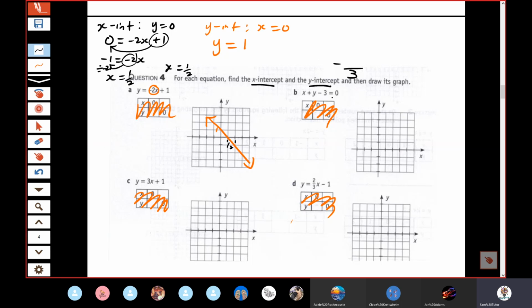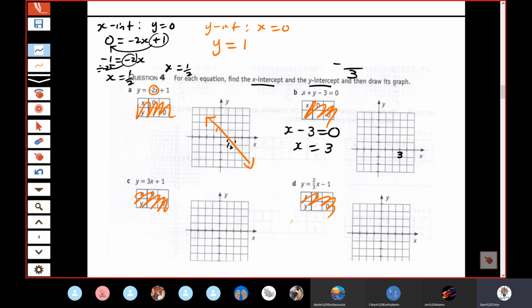Look at this. x plus y take away 3 equals 0. Again, when I'm finding the x-intercept, you let your y equal to 0. So it'll look like this, because this bit's 0. And then you're going to plus the 3. So you'll get x equals 3. 1, 2, 3, somewhere there. Do the same thing for the other one.